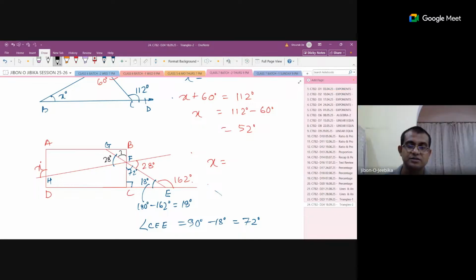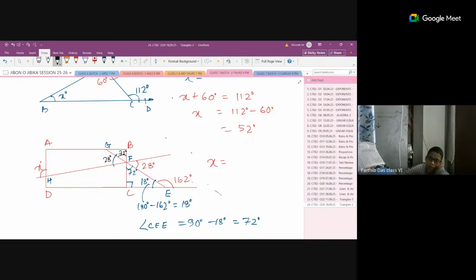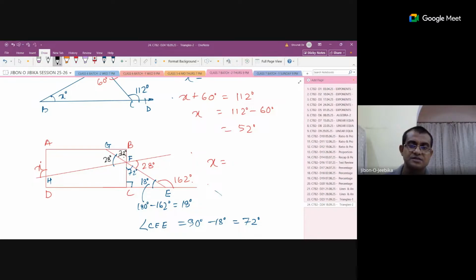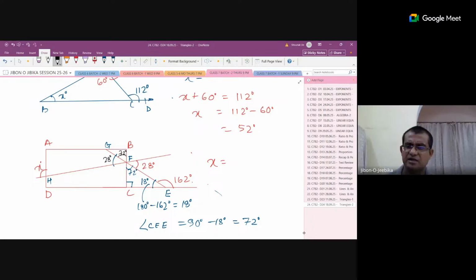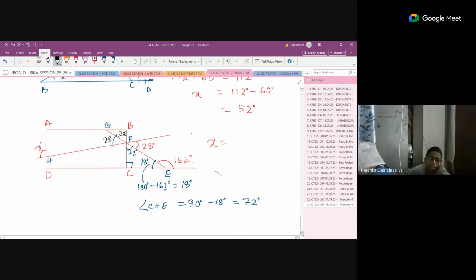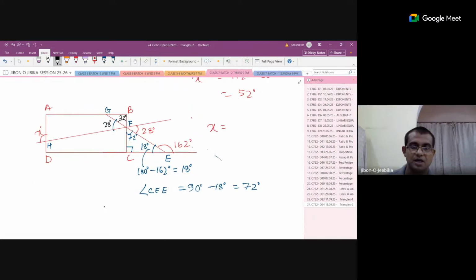So the sum of 28 and 72 is 100 degree, equal to BFH. 72 plus 28, how much is that? 110 degree? 110 degree or 100 degree? 100 degree.